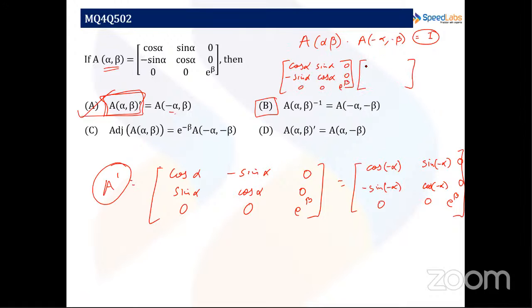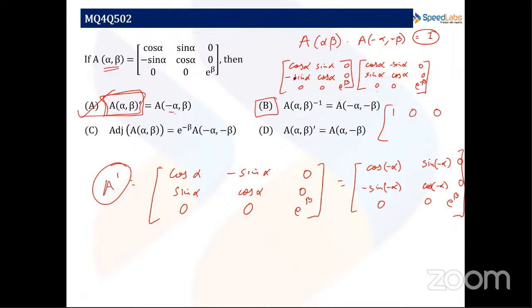And this value will be cos minus alpha is cos alpha, sin minus alpha is minus sin alpha, 0. This will be minus of minus, so plus sin alpha, cos alpha, 0 and 0, 0, e to the power minus beta. So on multiplication, first row and first column, we will be getting cos square alpha plus sin square alpha, 1. First row, second column, cos minus sin cos, that will be 0.